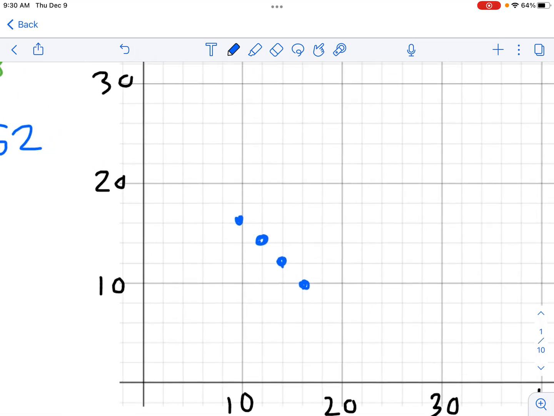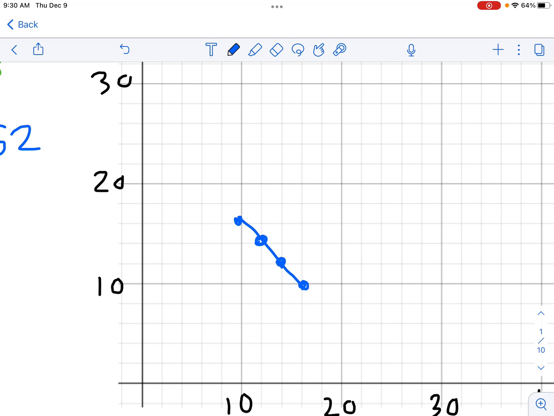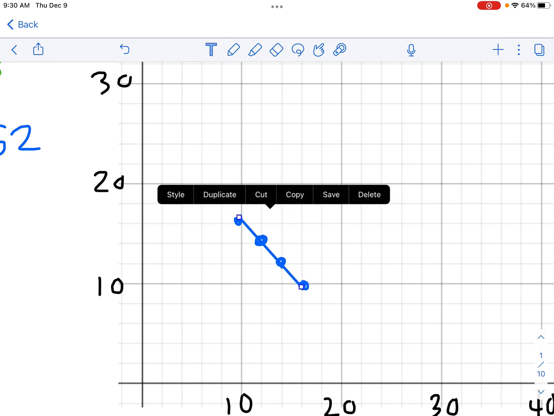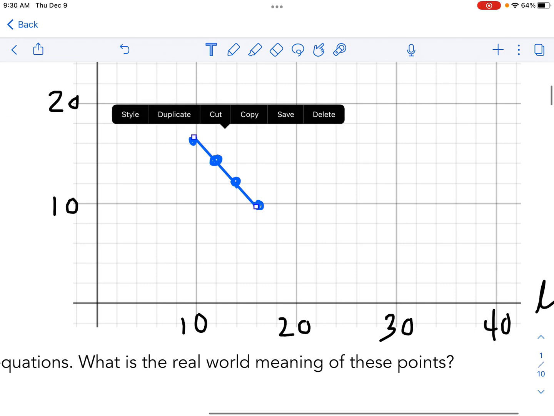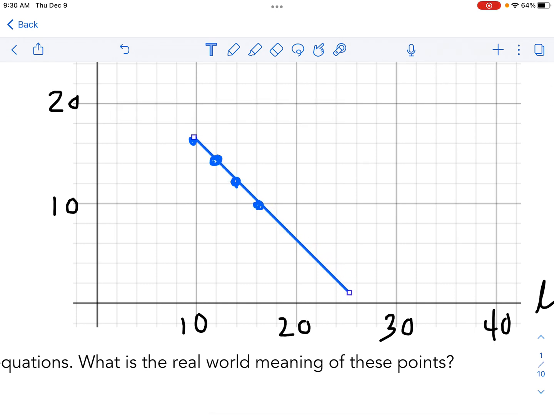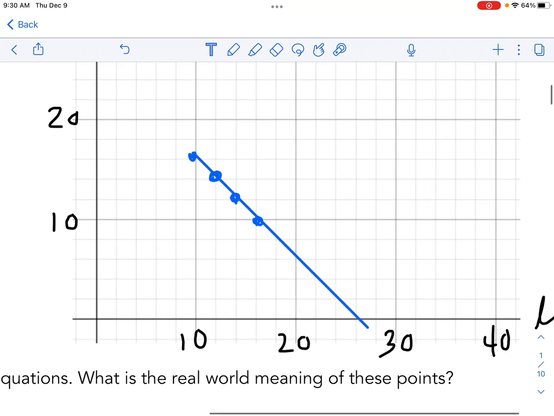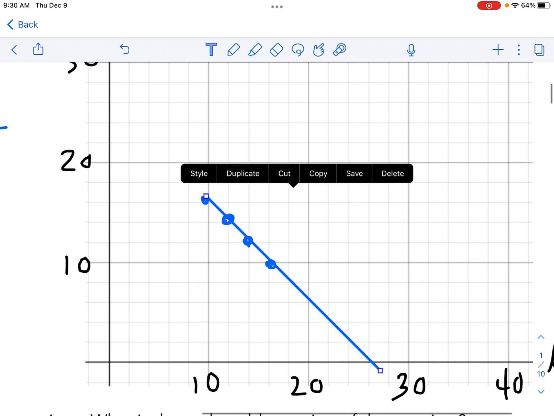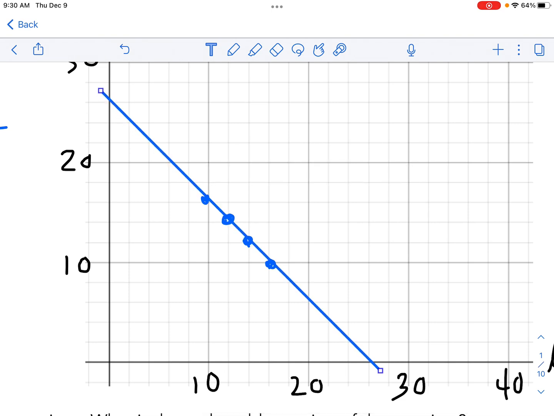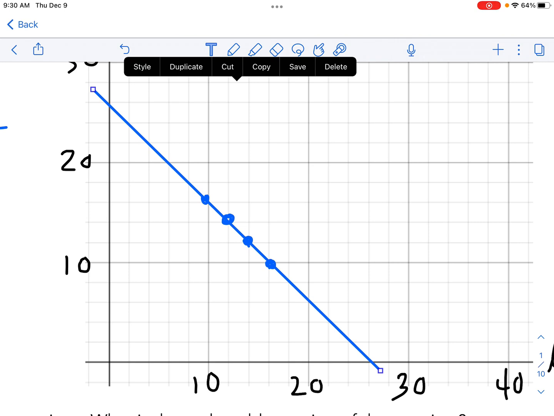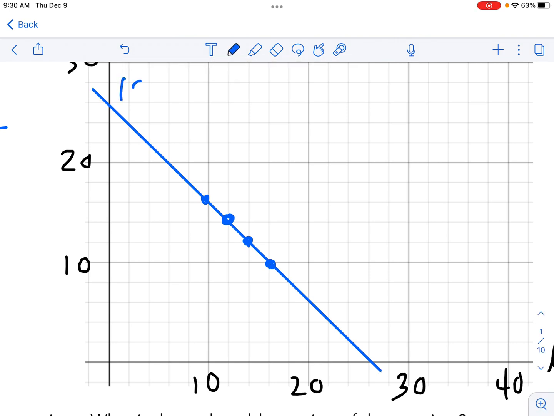So it looks like we have a line here. That was not a well-drawn line. Let me zoom in. A line here. There we go. And I'm going to extend that line, making sure it continues to go through those points. So coming down here, that intercept down there is 26, and this intercept up here is 26.